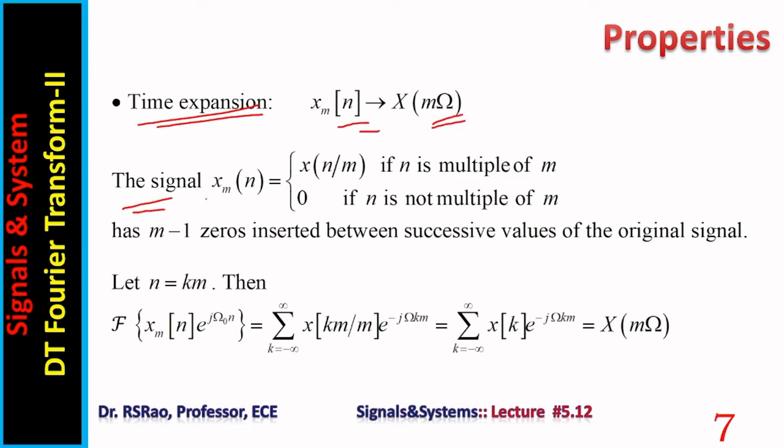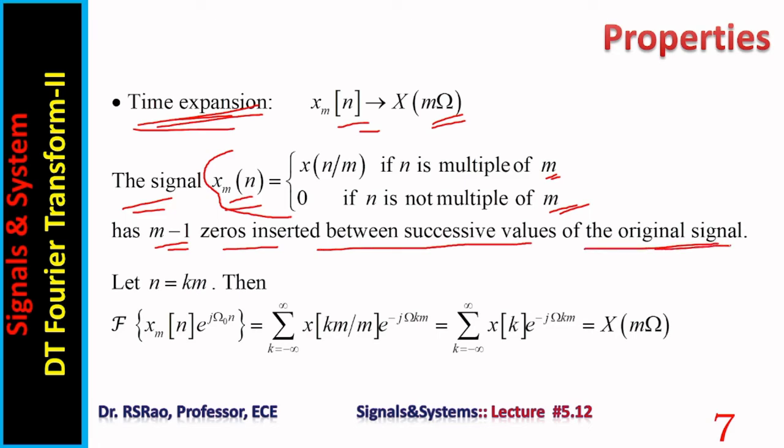The signal x m of n, notice it is defined as x of n by m if n is a multiple of m and is 0 if n is not a multiple of m. Time expansion. This is the definition of x m of n. It has m minus 1 zeros inserted between successive values of the original signal.